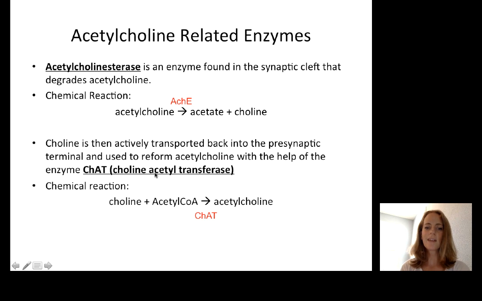That uses another enzyme called CHAT, or choline acetyltransferase, which will combine choline with acetyl-CoA to make acetylcholine back in the synaptic terminal. So there is constant recycling of the neurotransmitters to stop the signal and then to reform and reset the synaptic vesicles.